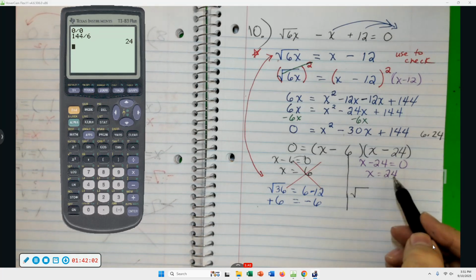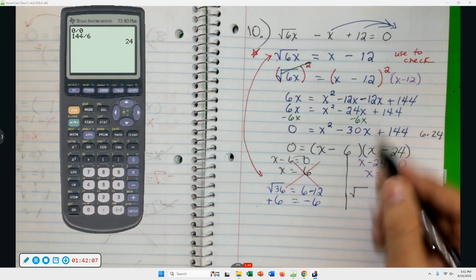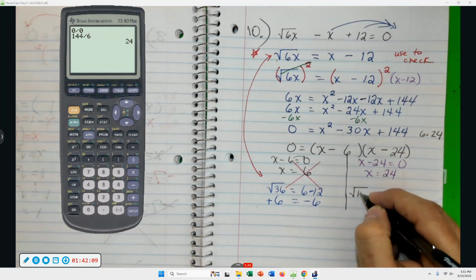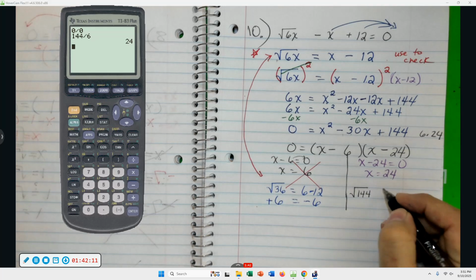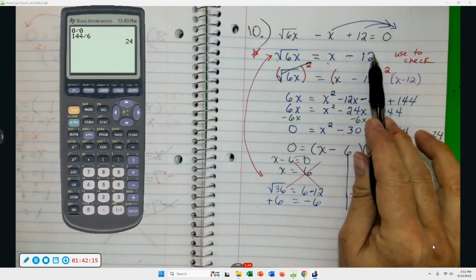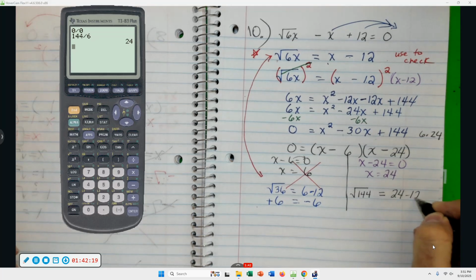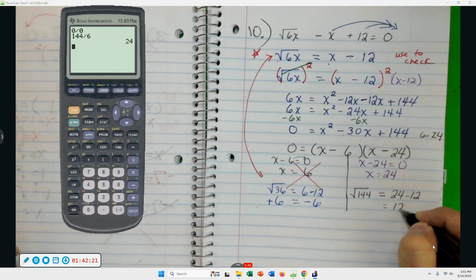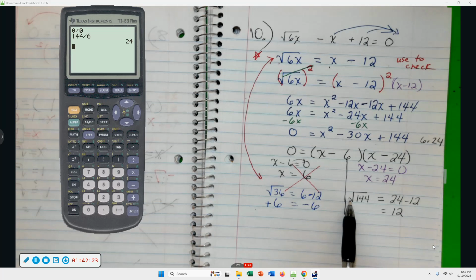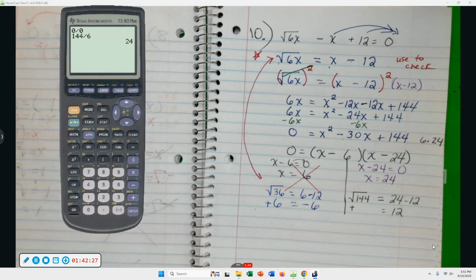Plug in 24. So we have 6 times 24. That's 144. If you doubt me, plug it into your calculator. And then we have 24 minus 12. Is that going to check? The 24 minus 12 is 12. This symbol, once again, means positive. Is this one checking?